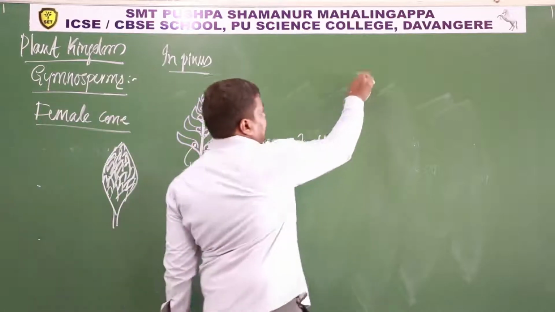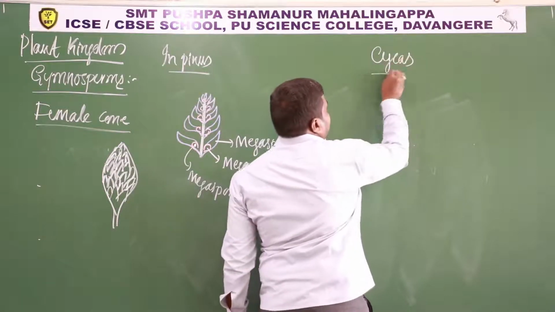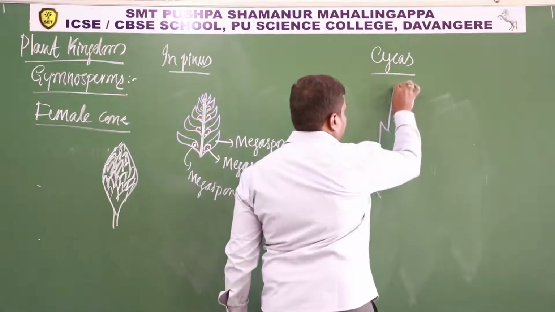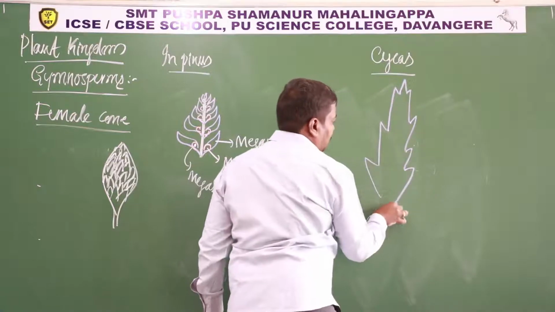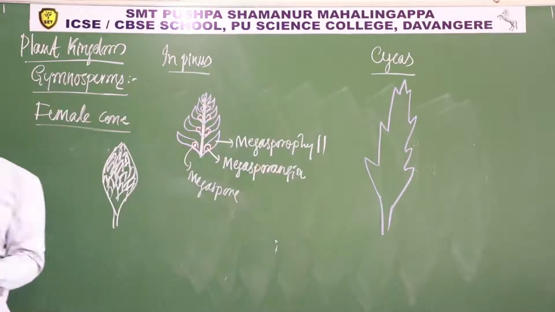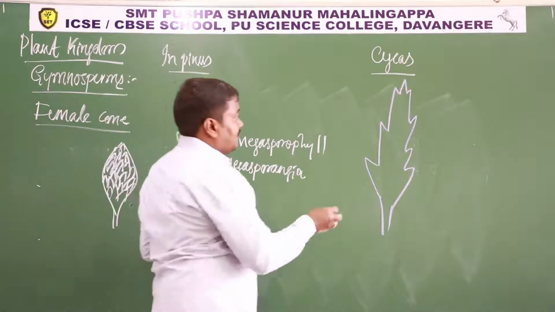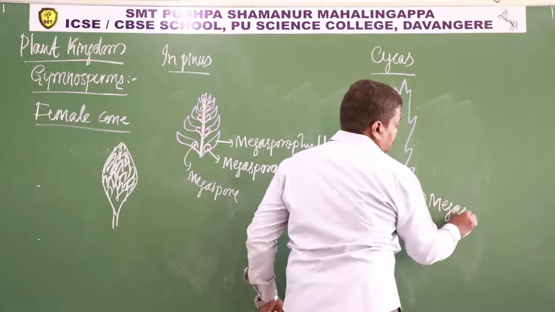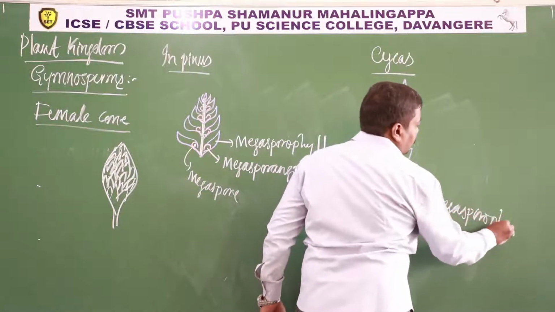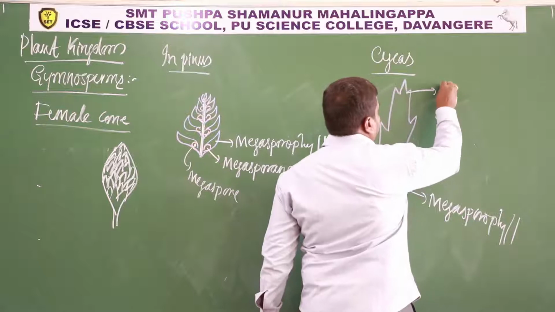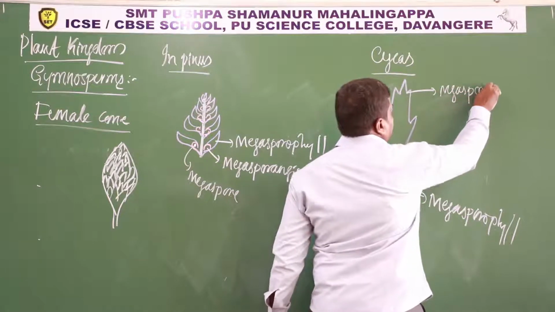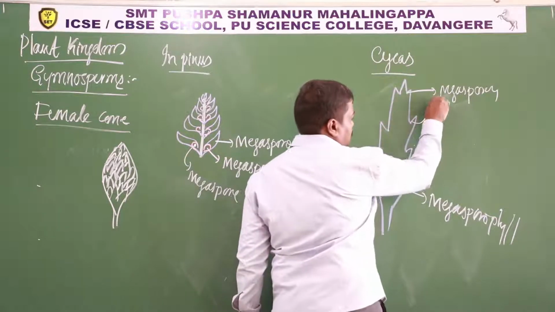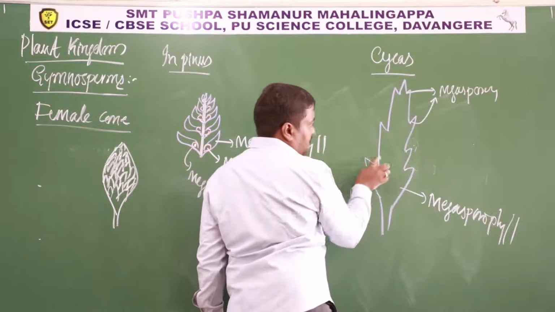Whereas in the case of Cycas, the megasporophyll looks like this. This structure is itself a megasporophyll, this one is a megasporophyll, and this one is a megasporophyll.